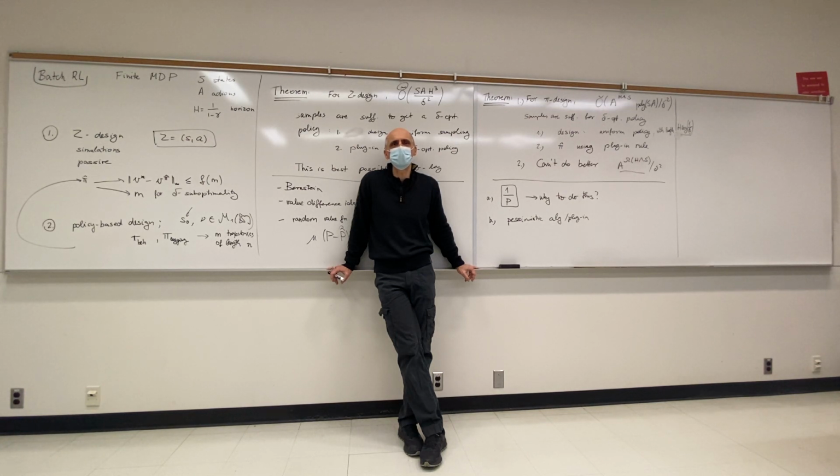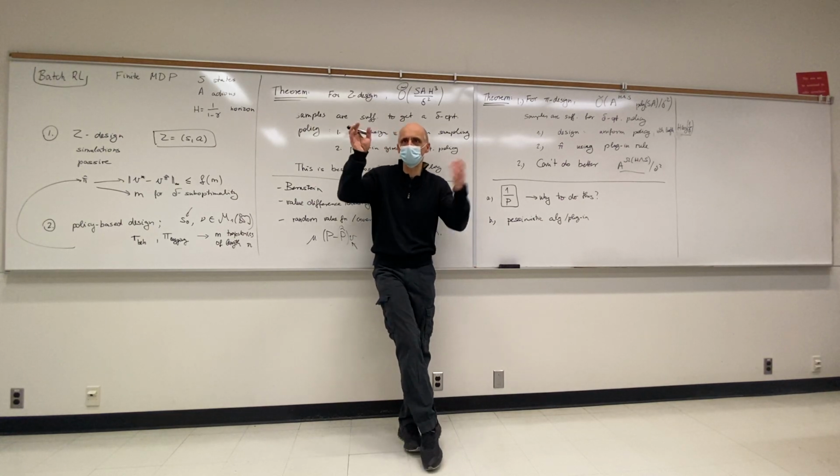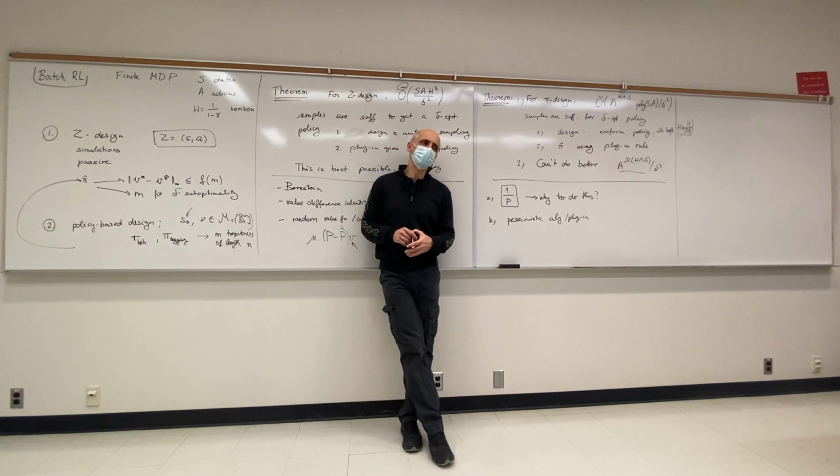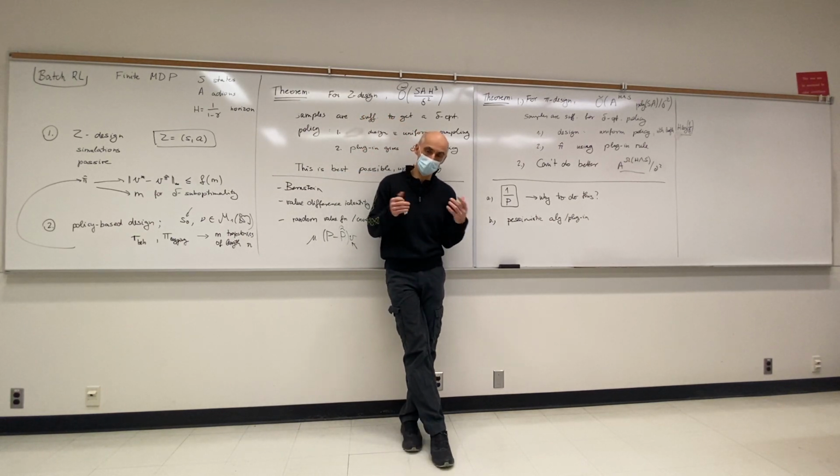At one point, he was trying to verify how good these policies are. He's an OR person. He wrote some books about approximate dynamic programming, beating curses of dimensionality, whatnot. He's interested in OR problems.